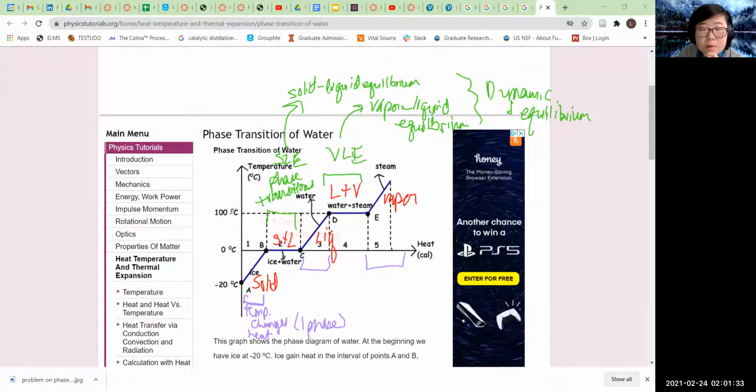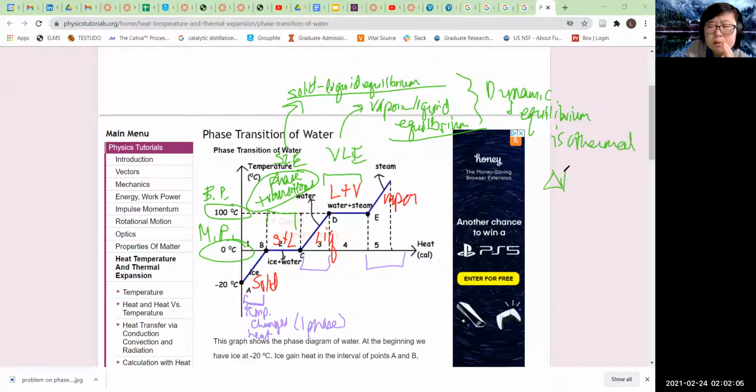But you'll notice these equilibriums all happen at a constant temperature. And so this is BP, or the boiling point, and this is your melting point. Sorry, I circled the wrong thing. This is your melting point for water. And so during these phase transitions, they are isothermal.